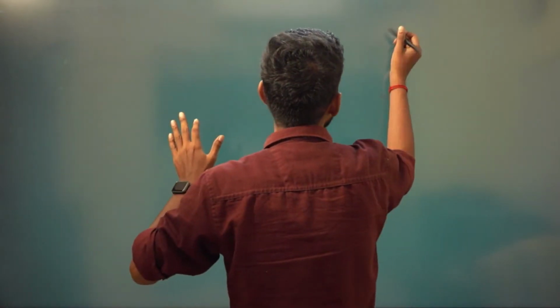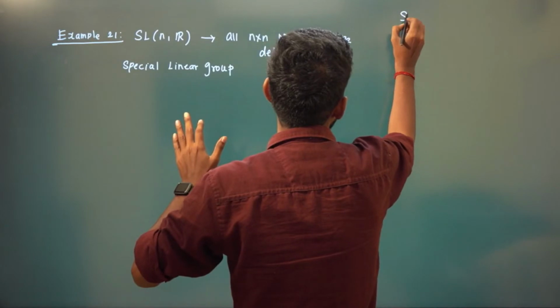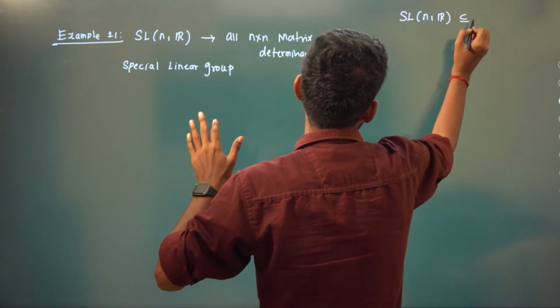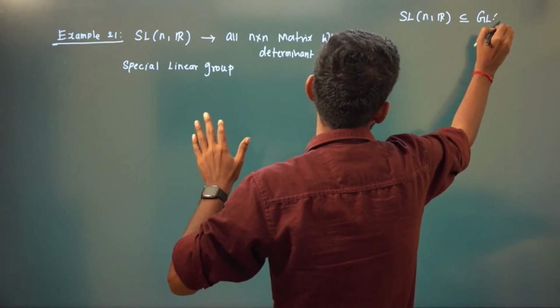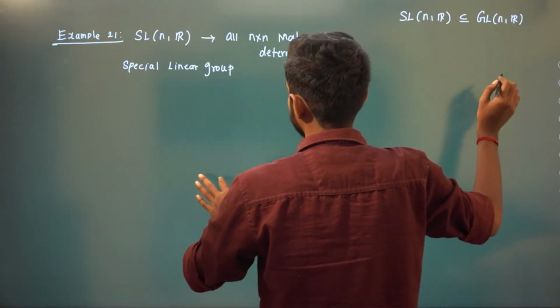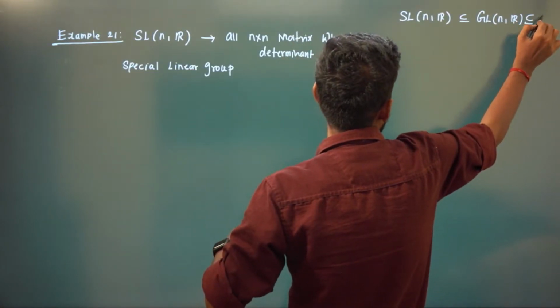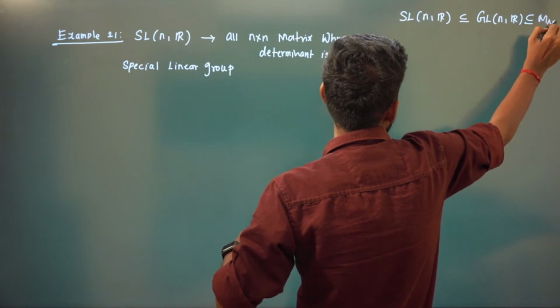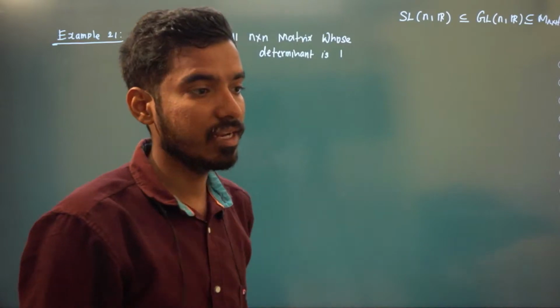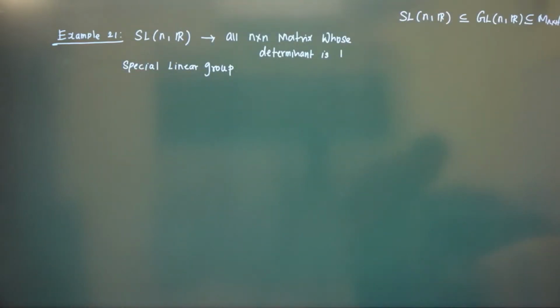SL(n, R) is contained in GL(n, R), right? And this is contained in all those n cross n matrices over real. You just understand these 3 relations, right? This is contained in all those m by n matrices.